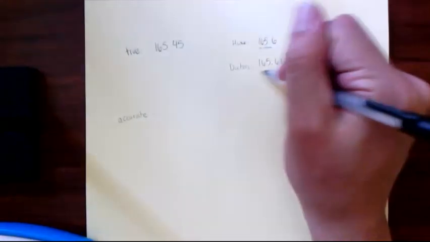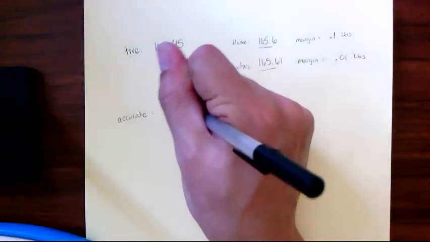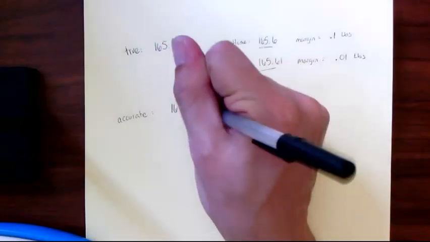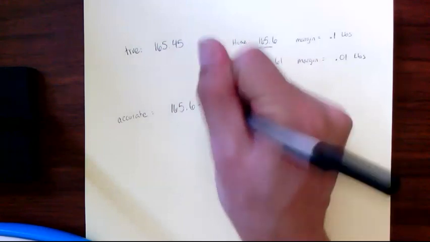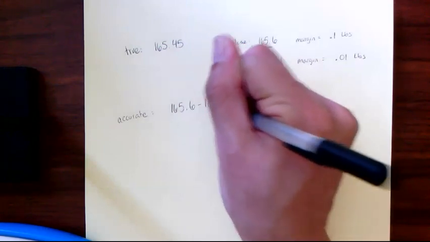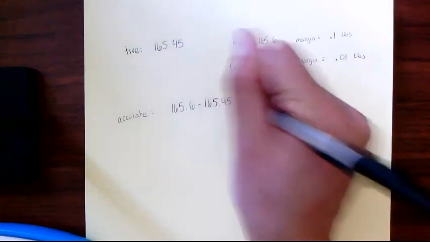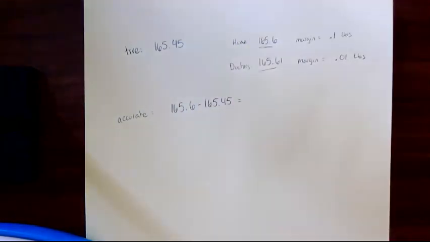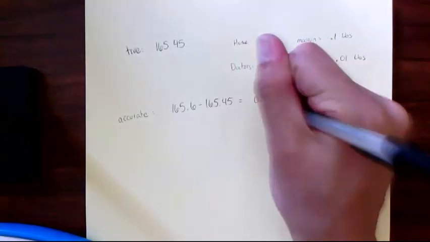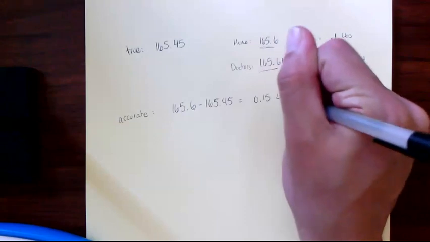So if we want to calculate which one is more accurate, the first thing that we're going to do is take each one of these values here and subtract them from 165.45. So we'll do 165.6 minus 165.45, and we get a difference of 0.15 pounds.